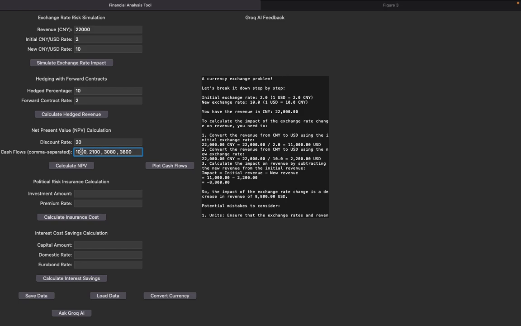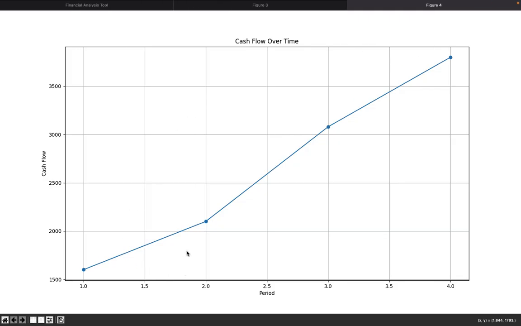So this would be the graph. As we are dealing with smaller amounts like 1000 and 3000, between 1500 to 3500, the graph would look almost uniform.